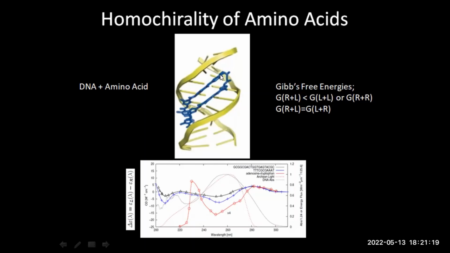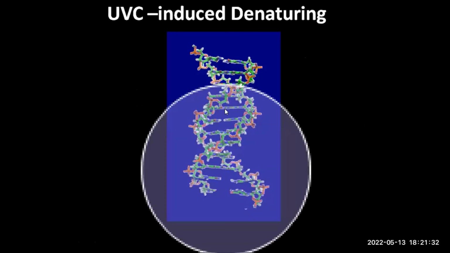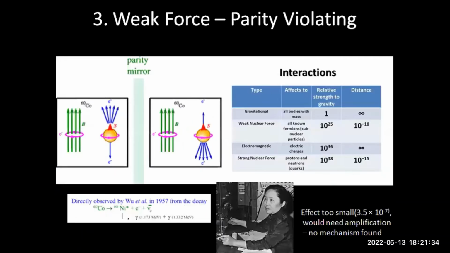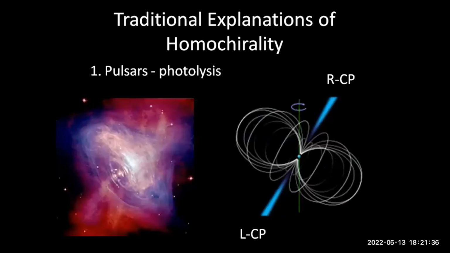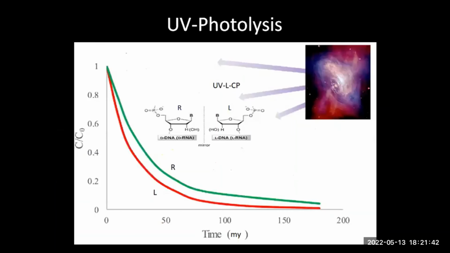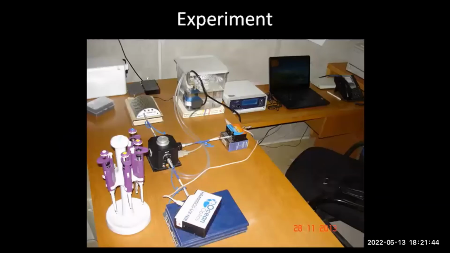And when they look at the concentrations, they find practically equal ratios. So there's experimental error, no? And there are also possibilities that they were formed in a region of space which was subjected to circularly polarized light, which caused a difference in the photolysis of one compared to the other.